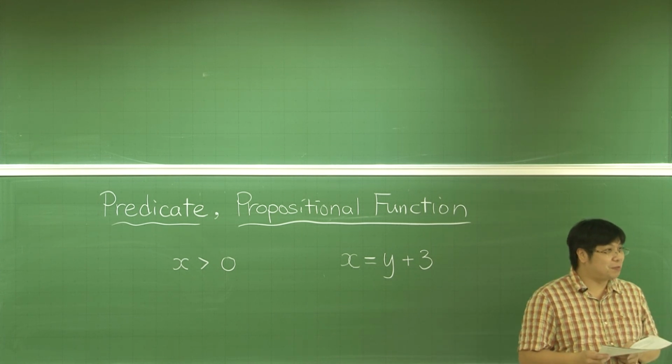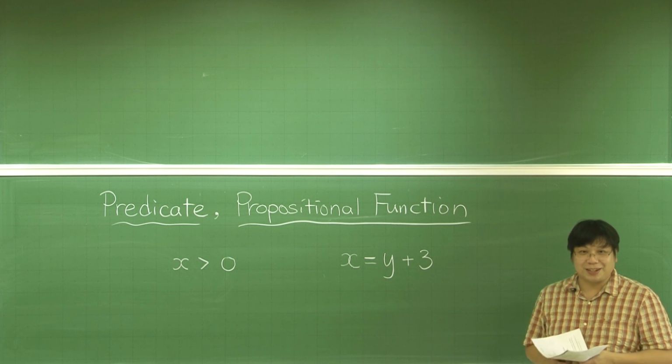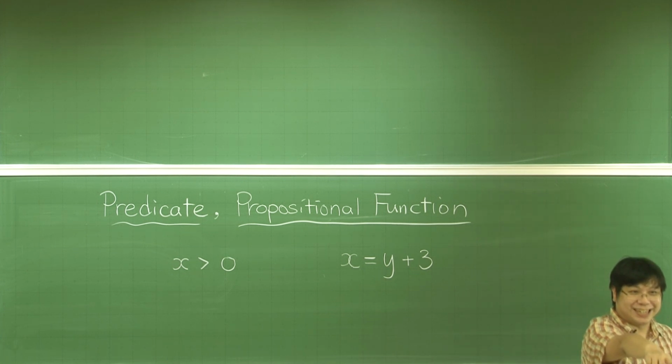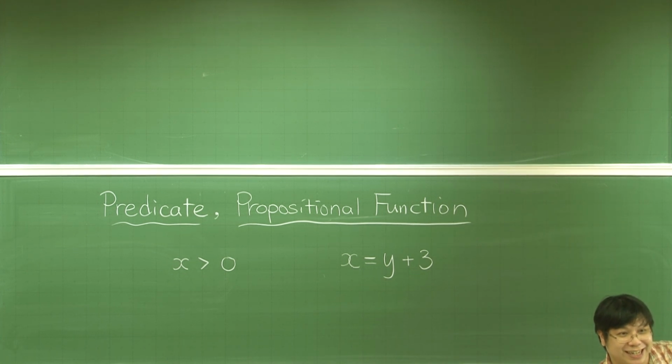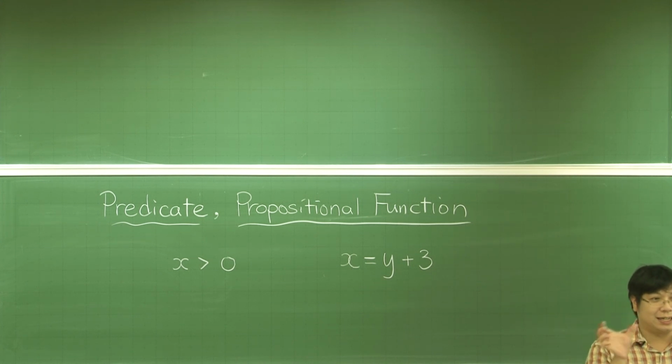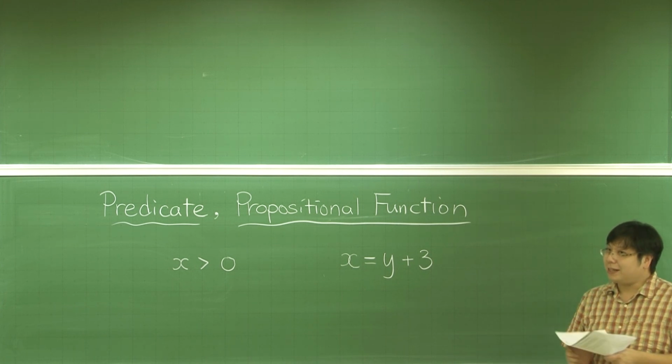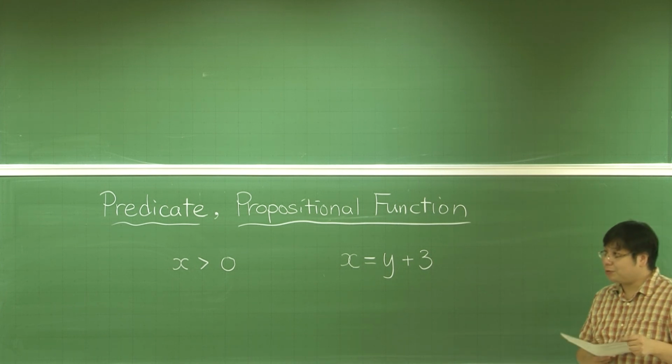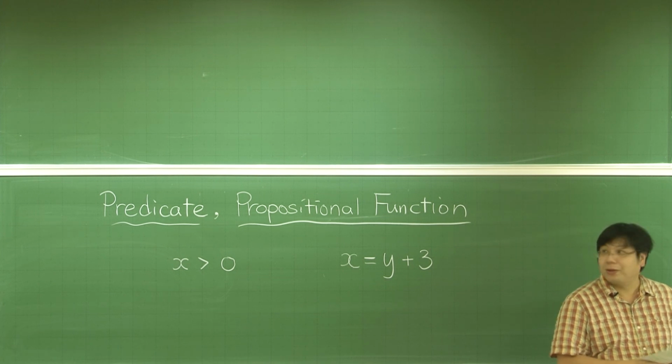So I hope you still remember what is a proposition. Let me ask, what is a proposition? Do you still remember? Okay, so a proposition is a sentence or a statement that has a truth value, either true or false, but it cannot be both.